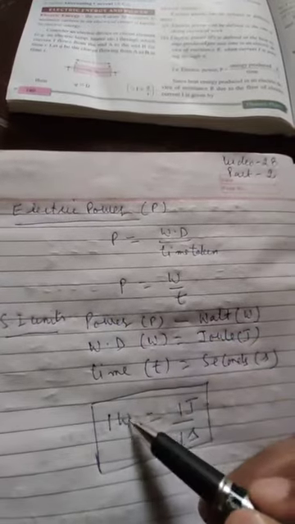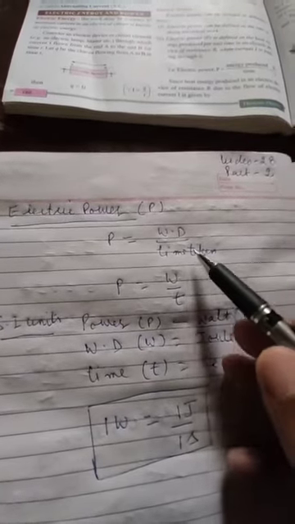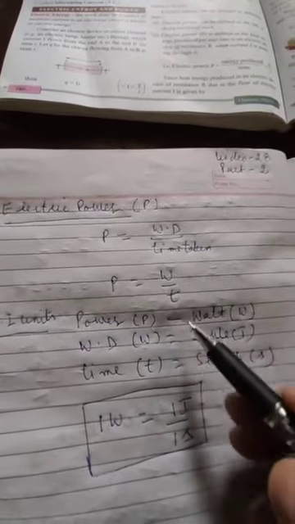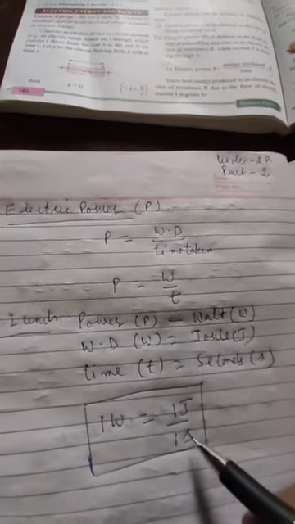Power SI unit watt. Then work done joule, time seconds.